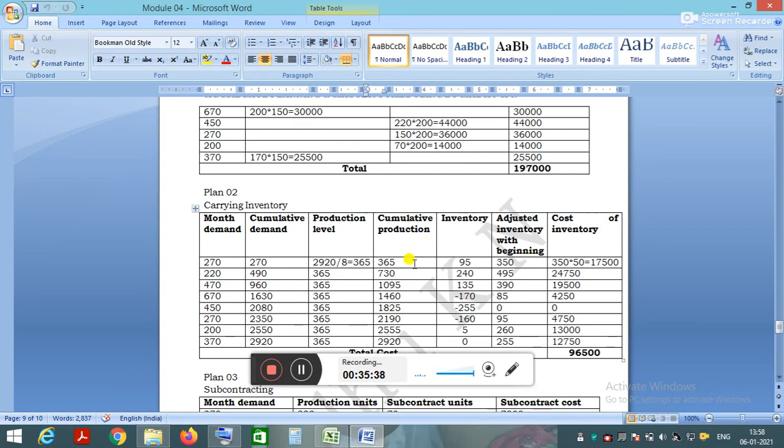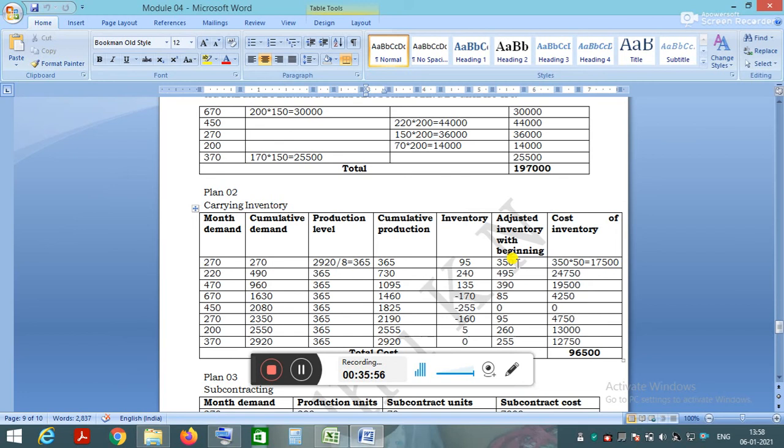That means instead of producing 365, we produce 255 extra products. 365 plus 255 is 620.